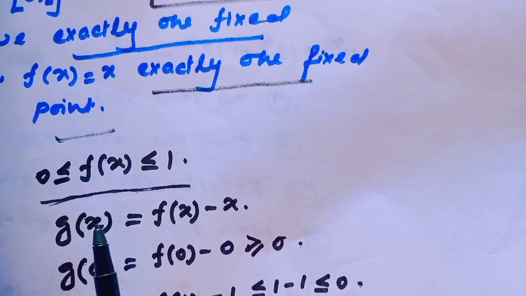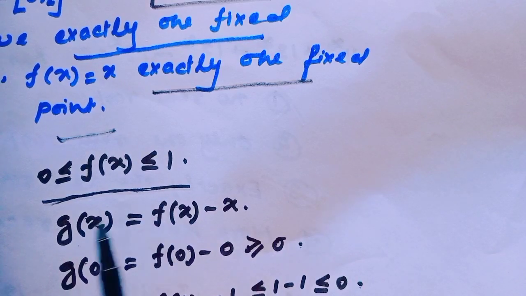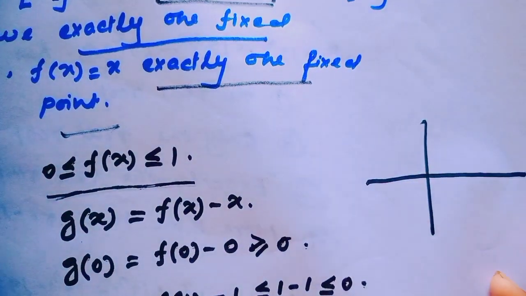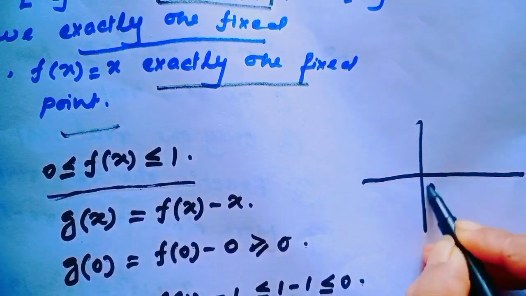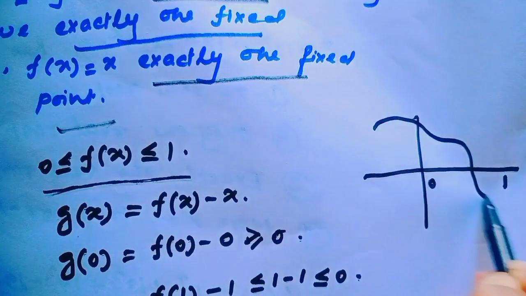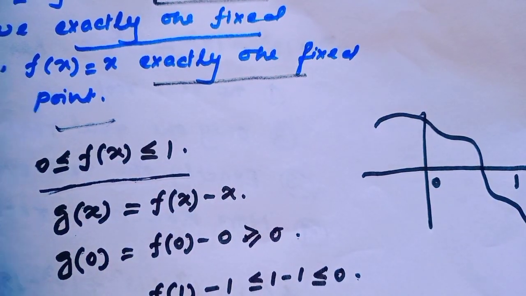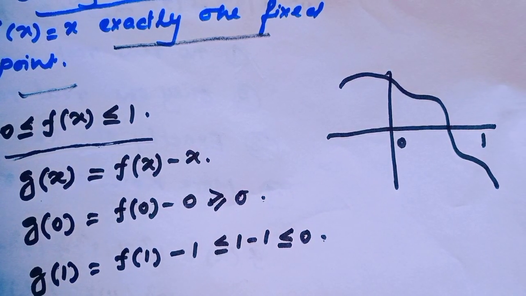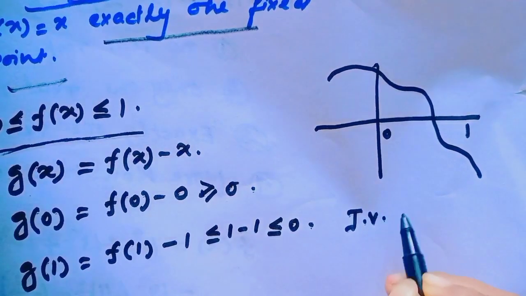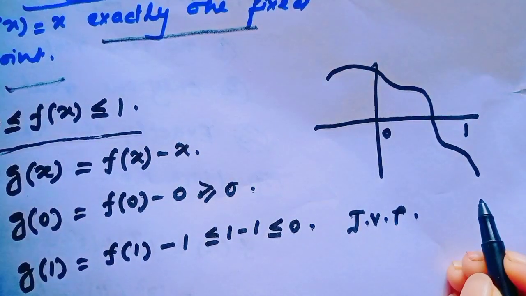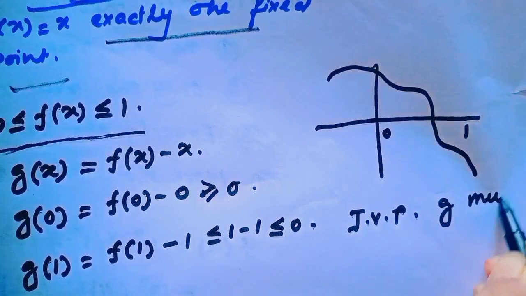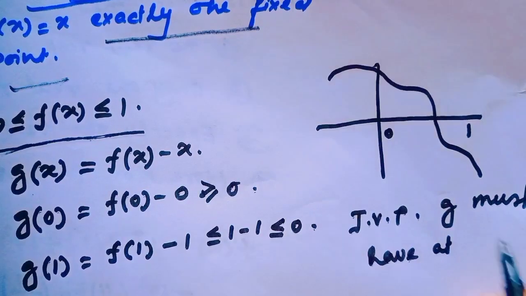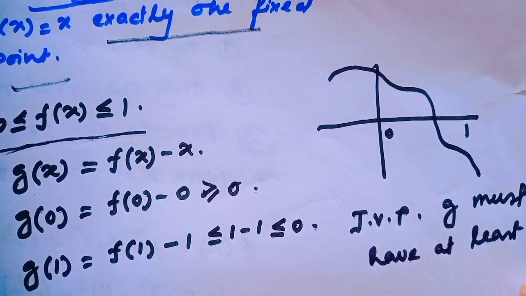that means this value is less than or equal to 0. So if we consider f of x in this interval, then g of x lies in this interval, because g of 1 is less than or equal to 0. Then by the IVP we can say g must have at least one zero. Okay?